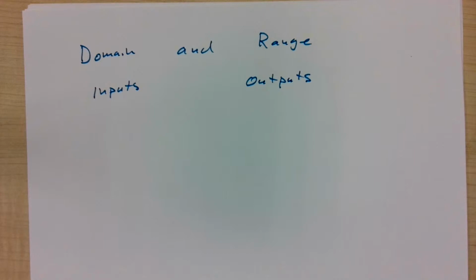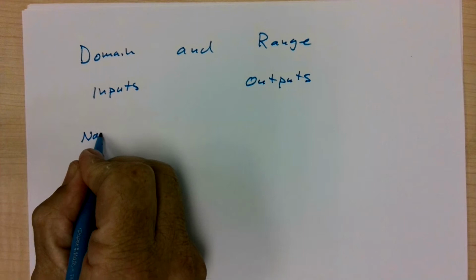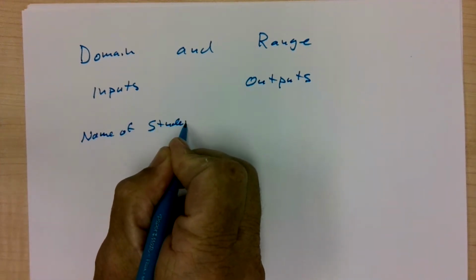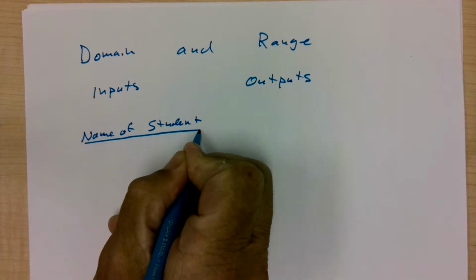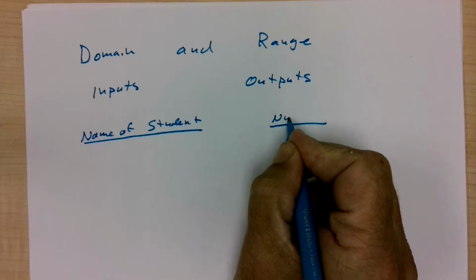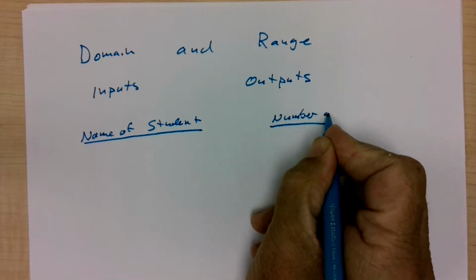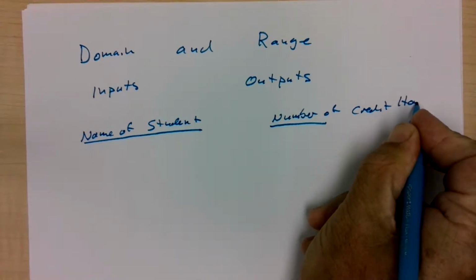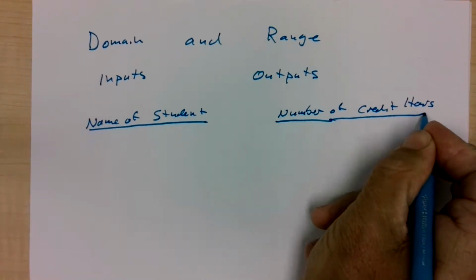So inputs could be things like name of student, and output could be number of credit hours for a given semester.